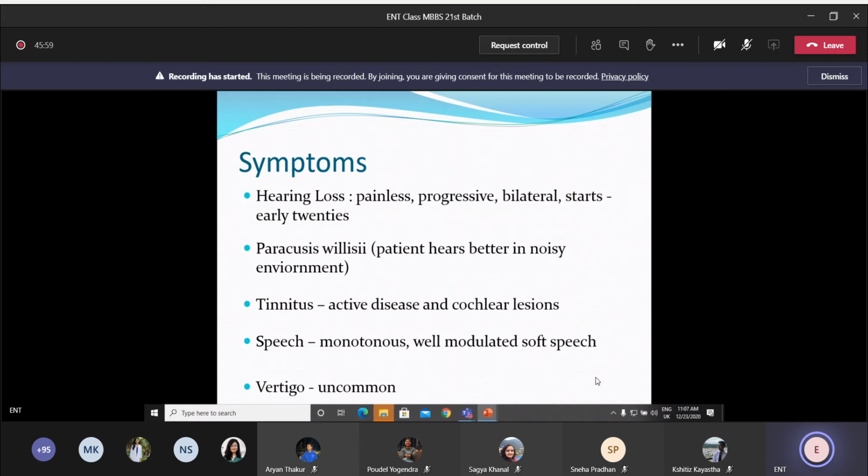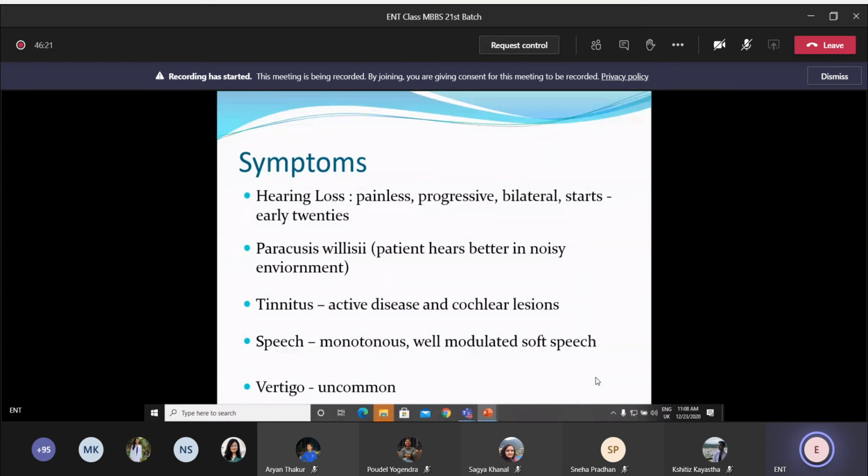And there's a term called paracusis willisii. What does it mean? It means the patient hears better in a noisy environment. There's nothing so special about it. It is because in a noisy environment, people tend to talk louder than in a quiet environment. Because of that, the patient hears better.